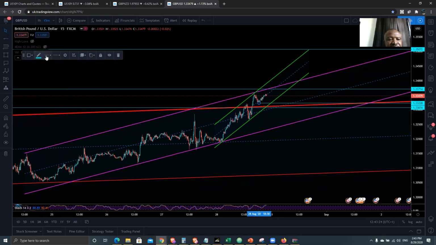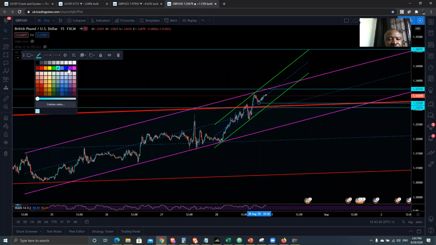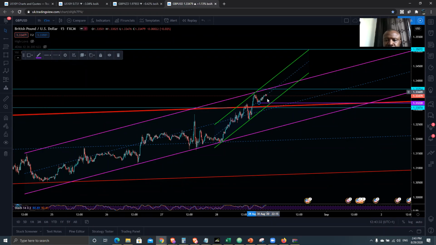So you want to be seeing structures like that level got broken all the way down before you say to yourself, okay, it's looking good. So the last structure that we have over here is this 15-minute structure.